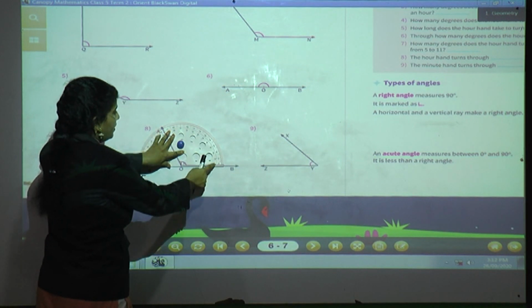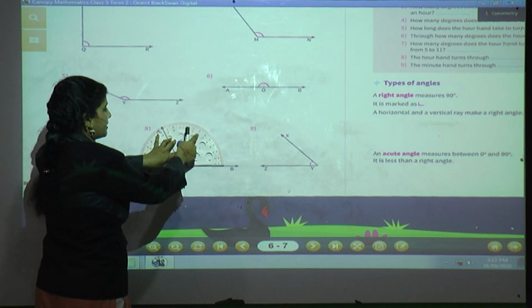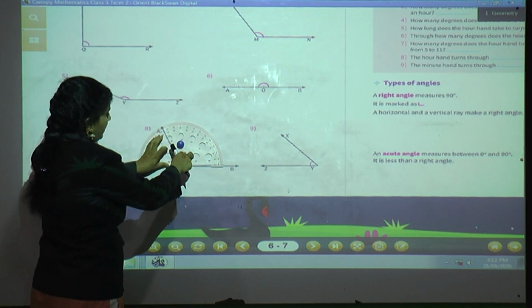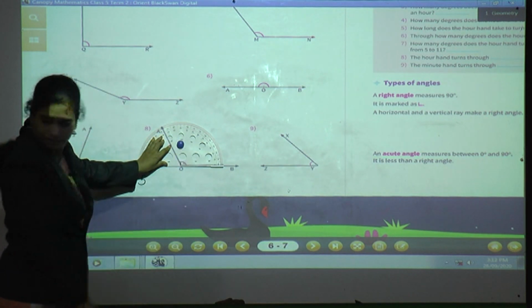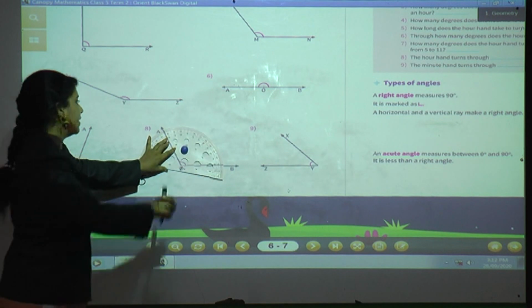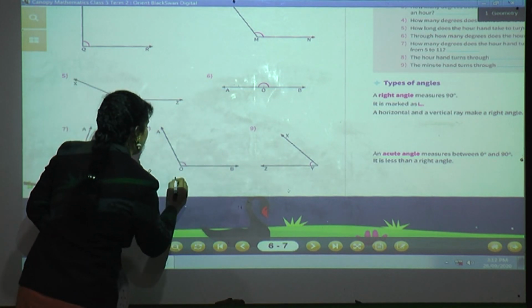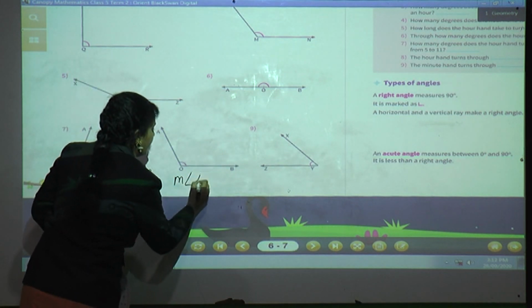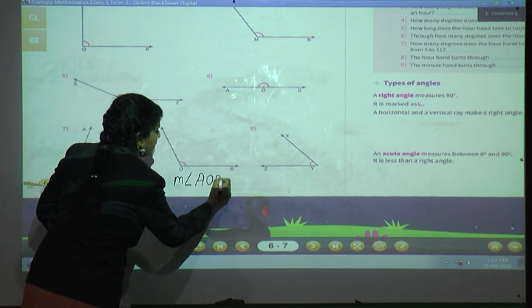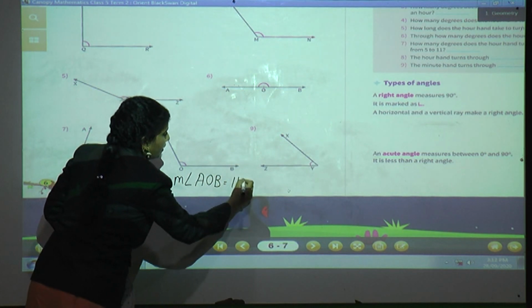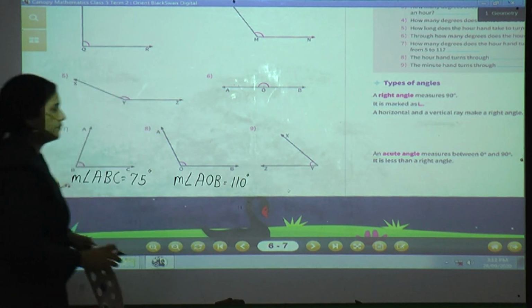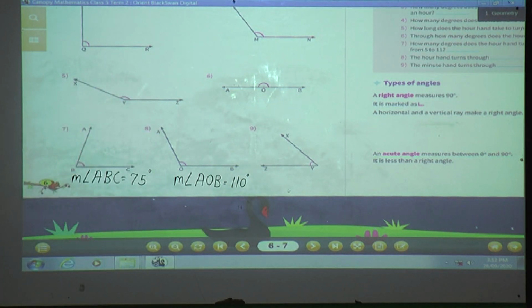So here, from this inner scale, the measure of angle AOB is 110 degree.